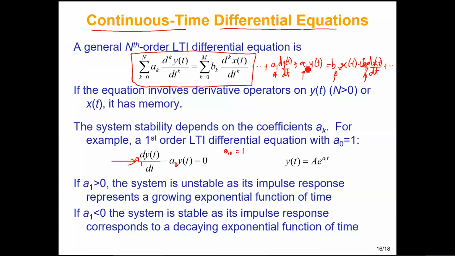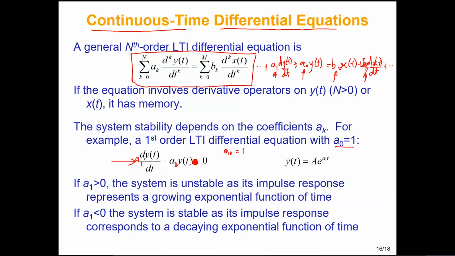Even if you have any other value here, we just divide both sides by that and make sure that the coefficient of y of t remains 1. So typically we keep A0 equal to 1. And whatever the other coefficients are, that determines the property of your system.